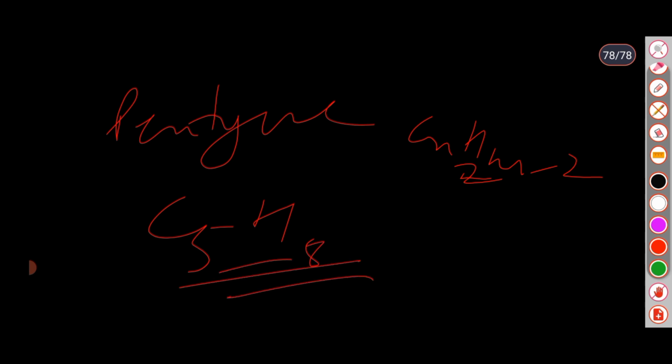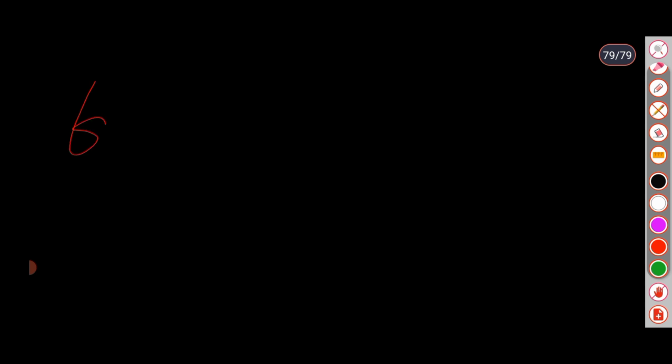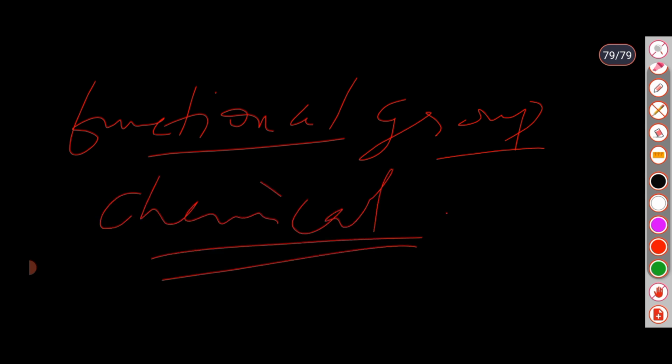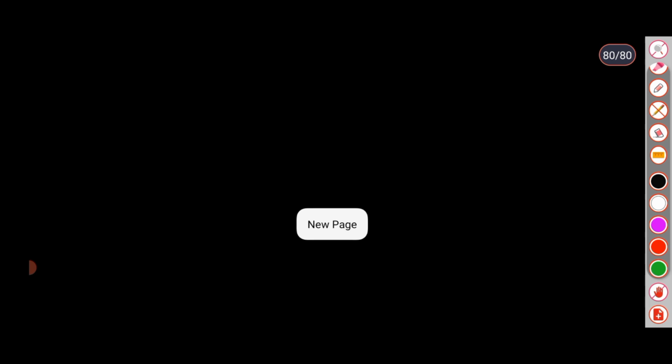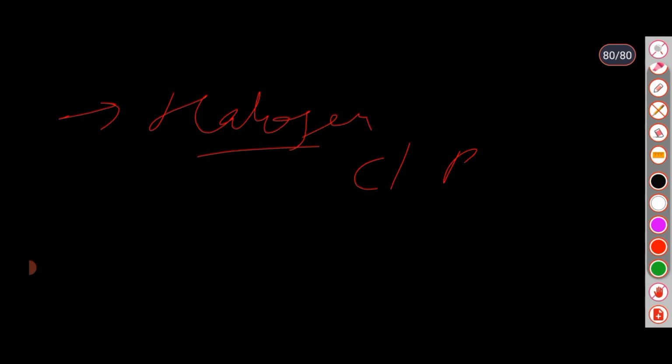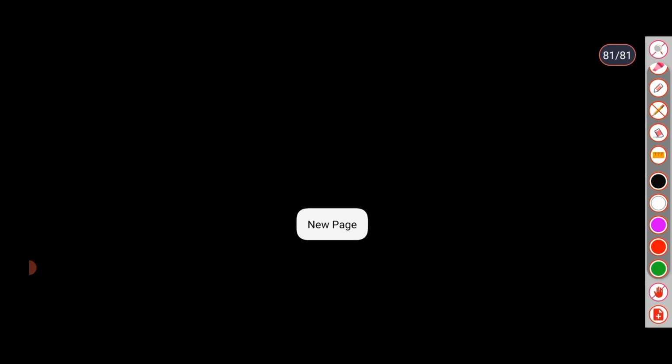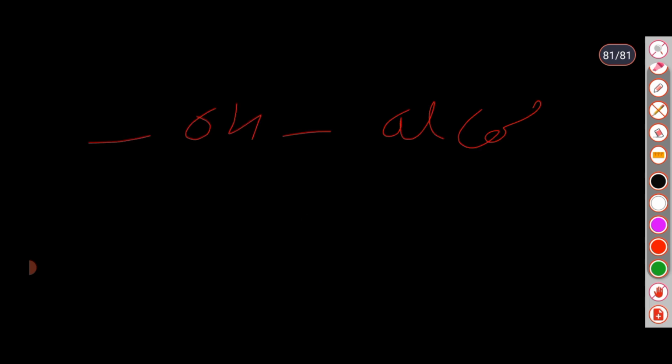Okay. Now functional group. Any atom or group of atoms which determines the chemical properties. Functional groups are halogens, like chlorine, bromine, iodine, fluorine. Aldehyde, CHO. Alcohol, carboxylic acid.